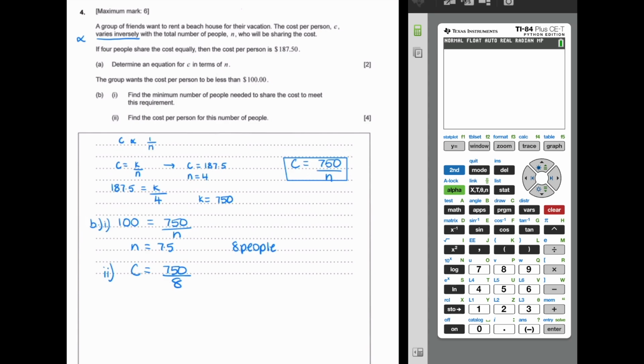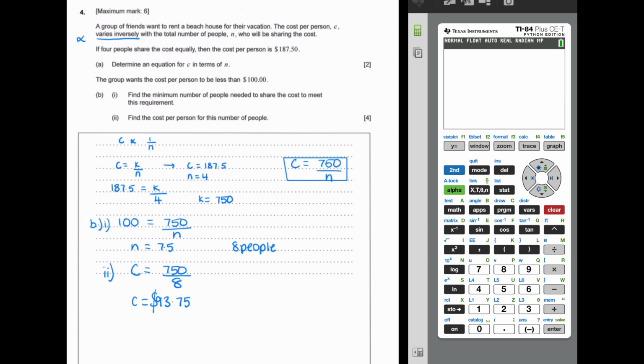So if I have the 750, which is how much the accommodation costs, and I divide that between 8 people, this time I'm rearranging it to find the C value. But again, I don't need to rearrange. I can put that straight into numeric solver, and it's $93.75. Make sure you leave your answer to 2 decimal places since it's money.